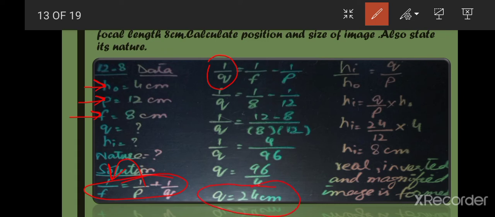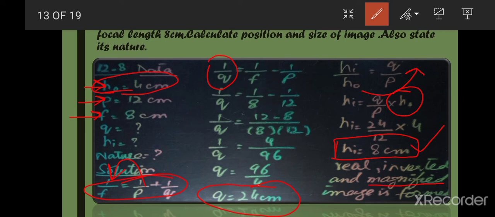For the height, you have to use the formula for magnification. Hi by h naught will be equal to Q by P. H naught taken on the other side will get multiplied here. Solution gives the height of image as 8 centimeters. So by comparing h naught and Hi, 4 and 8, it means the height of image is more than the height of object.